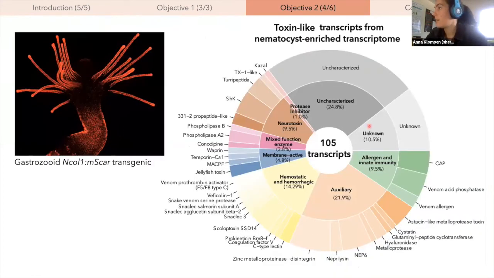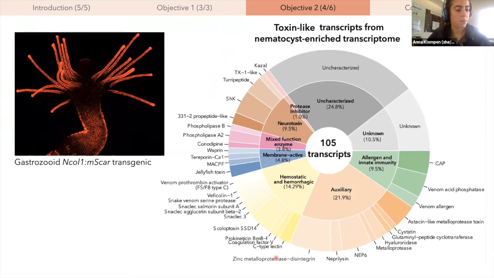This is some of the annotation from that. Uncharacterized generally means it matched to something from a cnidarian and had a weak similarity to something toxin-like, but I kept it as uncharacterized. Unknown means there was no annotation at all, but I got pretty nice similarity for quite a few toxins that had been annotated, including some from box jellyfish, in fact.